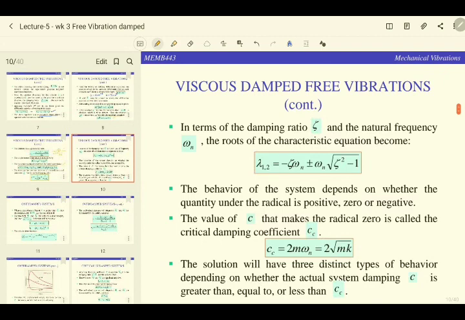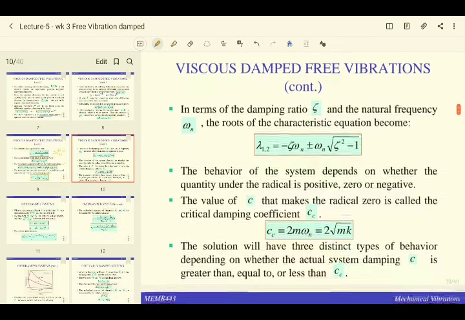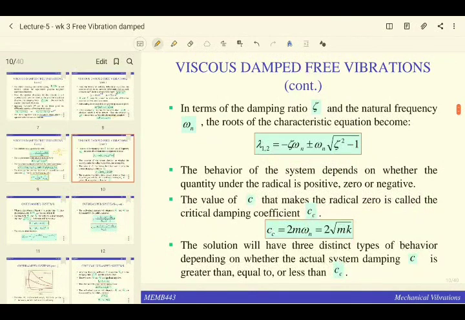In terms of the damping ratio and the natural frequency omega n, the roots of the characteristic equation are given by this equation. The behavior of the system depends on whether the quantity under the radical is positive, 0, or negative.